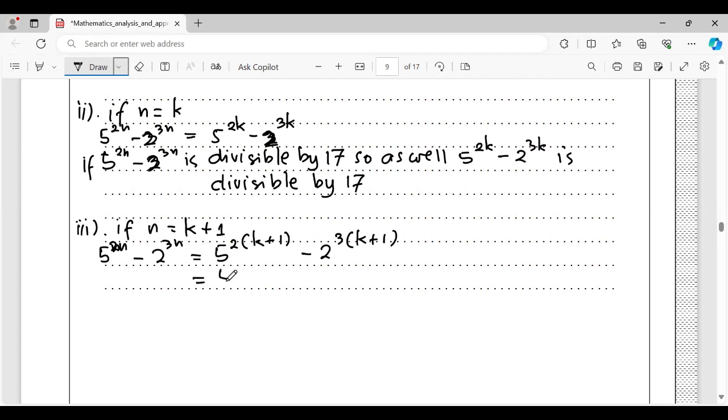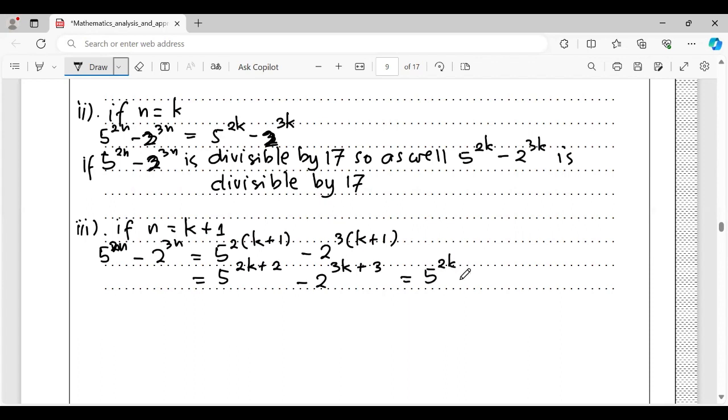So it becomes 5 power 2k plus 2 minus 2 power 3k plus 3.